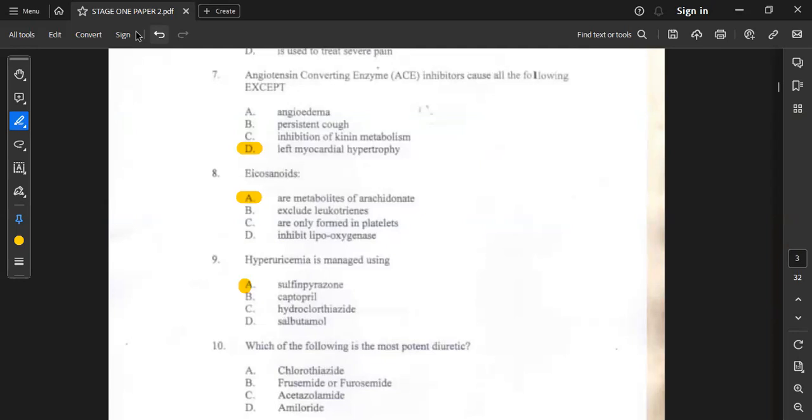Then the complications could be joint disruptions or uric acid stones that could lead to nephropathy or renal failure.